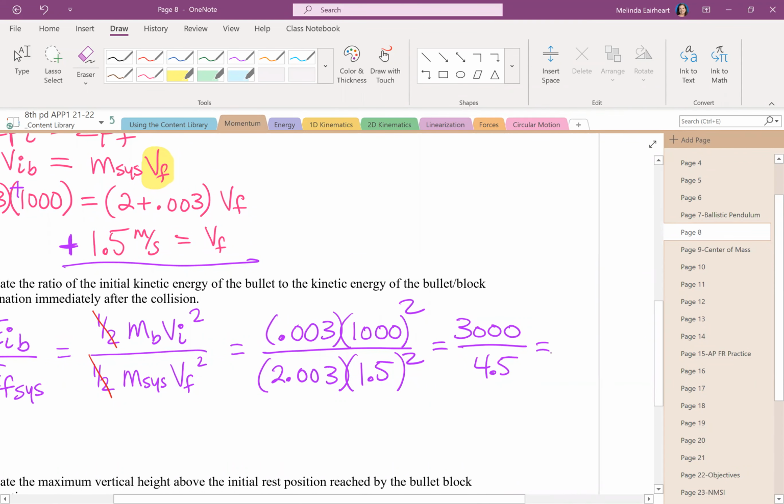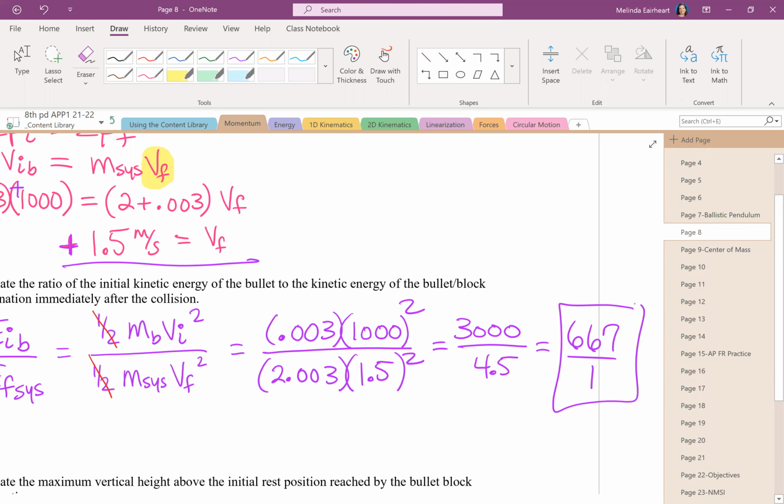And usually you reduce it to one of them being 1. So this would come out to be like 667 to 1. You get like 10 decimals. 2 or 3 digits are your rounding, kind of sig fig rules on the AP exam. So wow, this one started out with a lot of kinetic energy, 667 times the energy that it ended with.